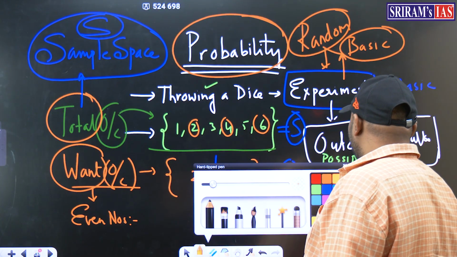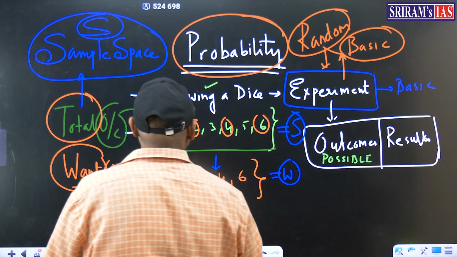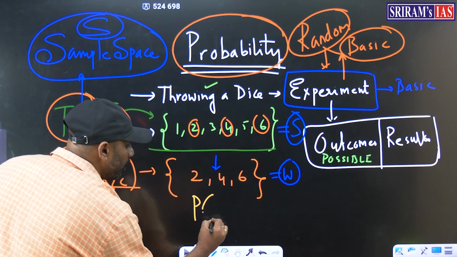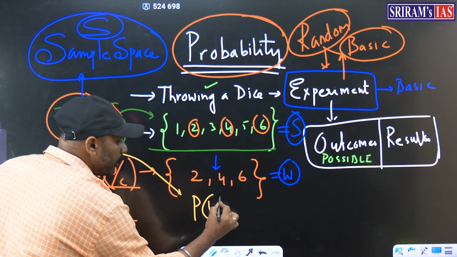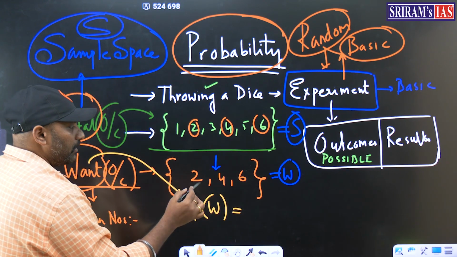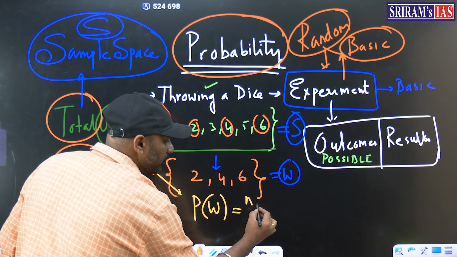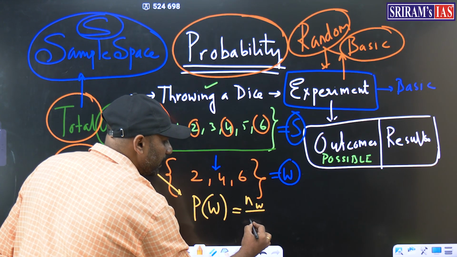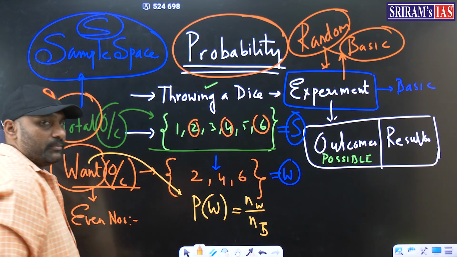Therefore my final probability for this particular experiment is, please remember, the probability of my want. Simply, it is the number of want outcomes divided by the number of total outcomes, or sample space outcomes.